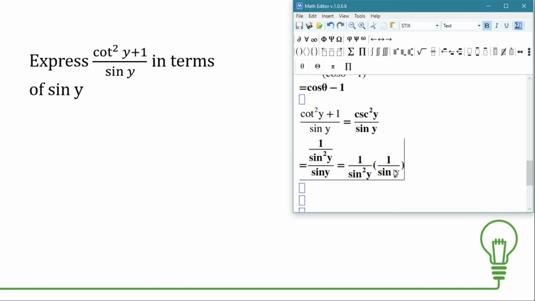And if we're going to simplify that, that is 1 times 1, that's 1. And then sine squared y times sine y actually yields the cube of sine y, or sine cube y. Okay, so we have just represented this expression in terms of sine y, and that is 1 over sine cube y. Okay?